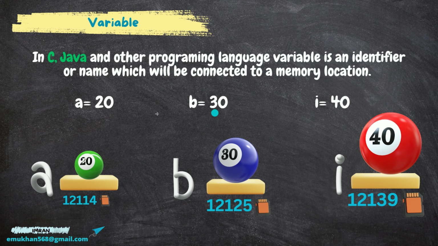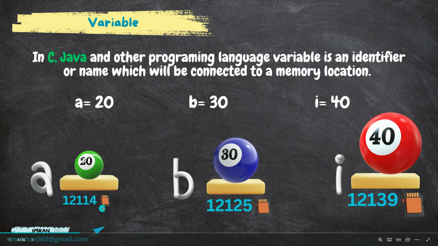And we have variable names like a, b, and i, where the value of a is 20, the value of b is 30, and the value of i is 40. I'm trying to represent the information constructively so that you can understand.